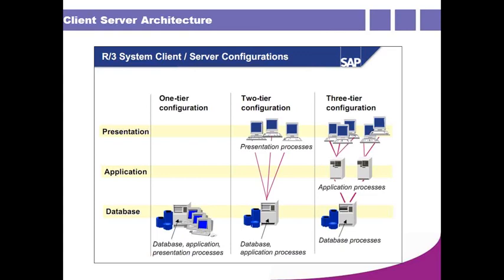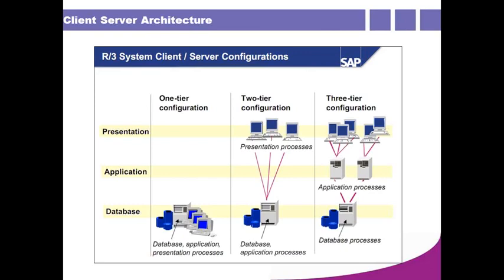But in this case, because there is no dedicated resource for each and every layer, the other layers will suffer. That is one reason. The second is because of some problem in a particular software or hardware. For example, the SAP database has some problem and suddenly goes down.